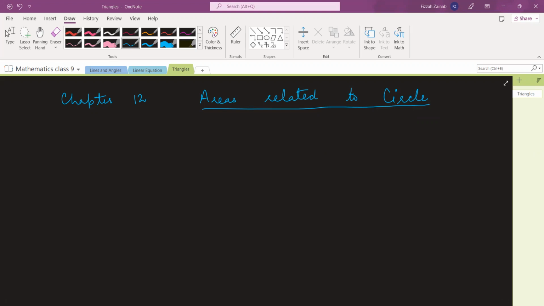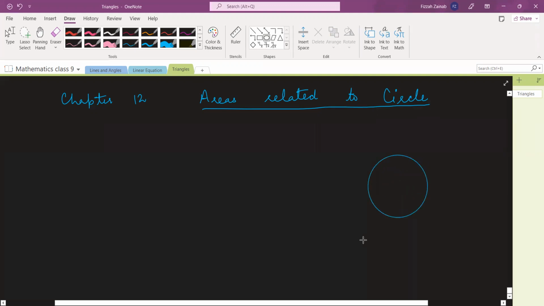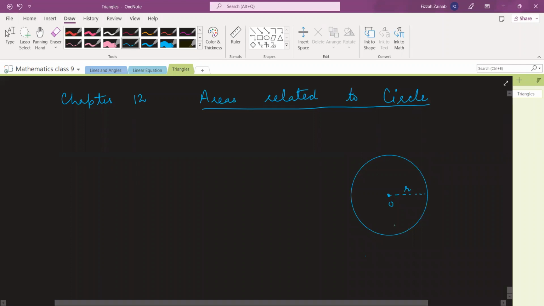So let us revisit circles. We have already learned a few things about circles in the previous class. So that's the center O, right? And this length is called the radius, that you all know, right?